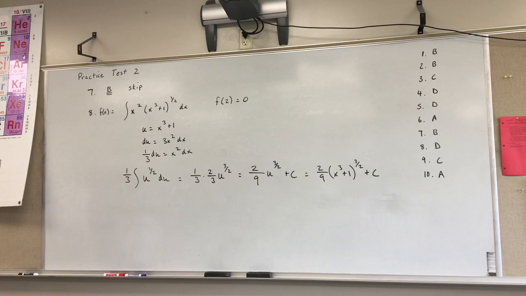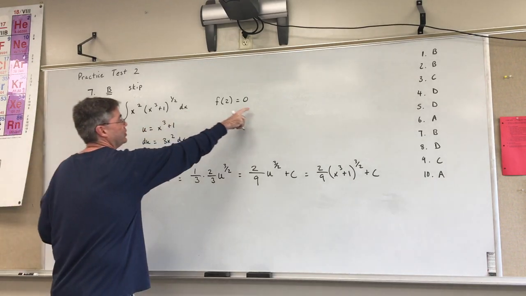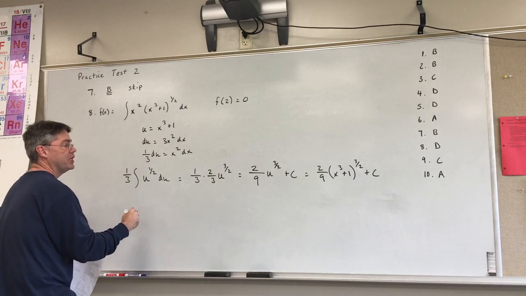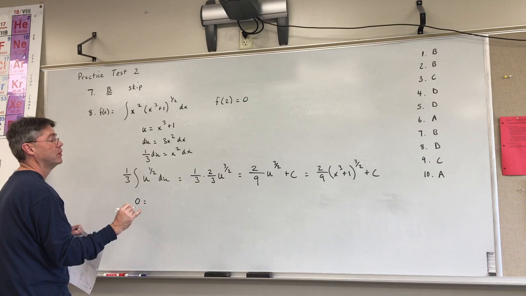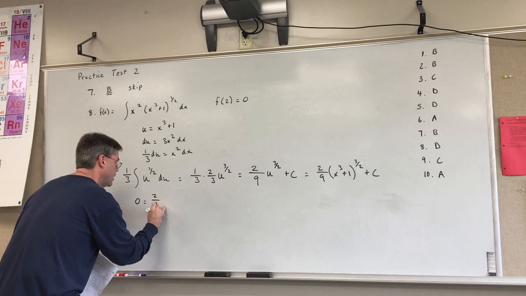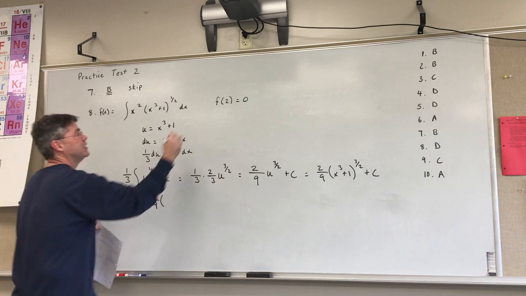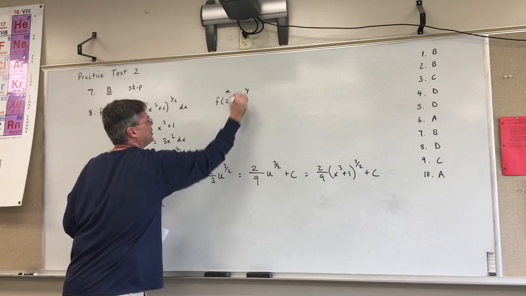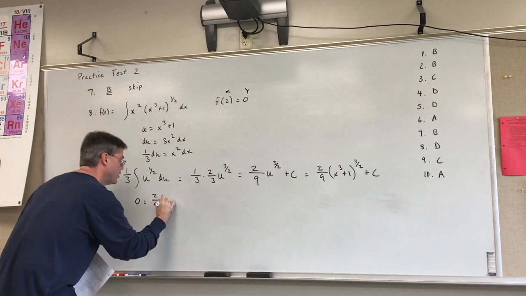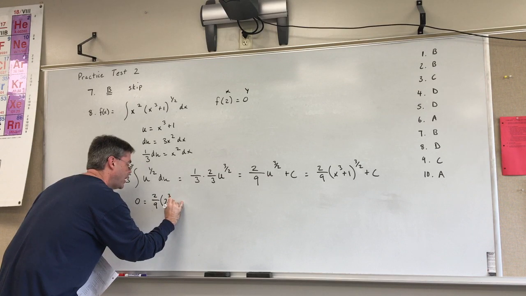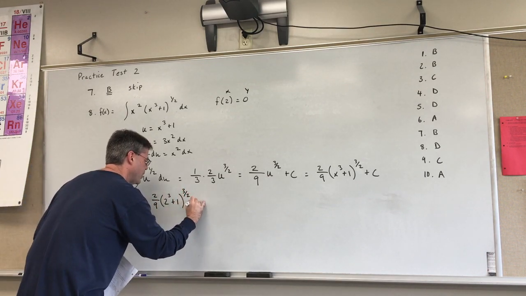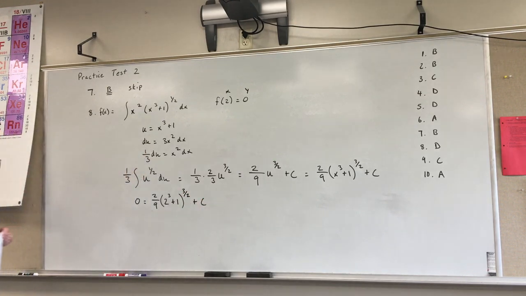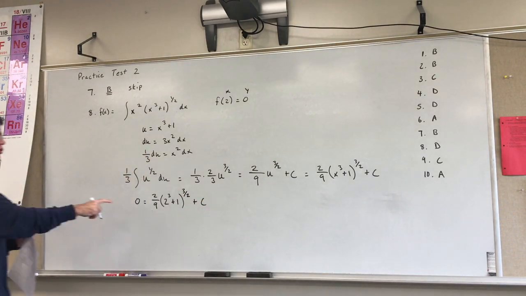Okay, so we know that f of 2 is equal to 0. So I'm going to plug those numbers in now. 0 is equal to 2/9 times 2 cubed plus 1 to the 3/2 plus c. Just plug the initial condition in so we can solve for c.